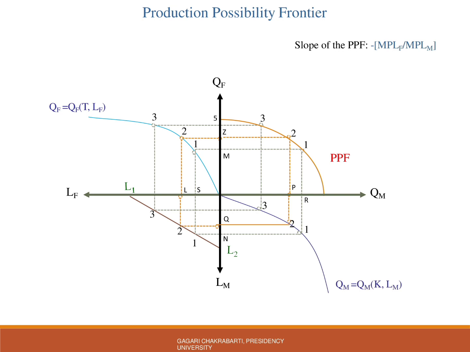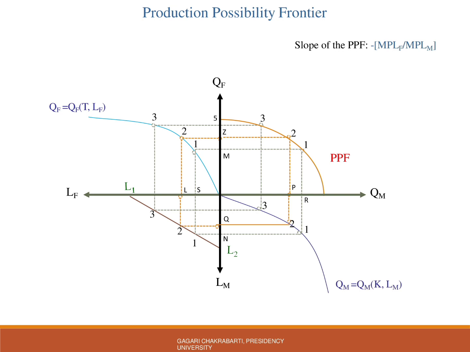So this light blue line shows the total product curve, which is QF of T and LF. Now we come to the bottom left quadrant. So here on the horizontal axis we have LF, and on the vertical axis, which is heading downwards, we measure LM.